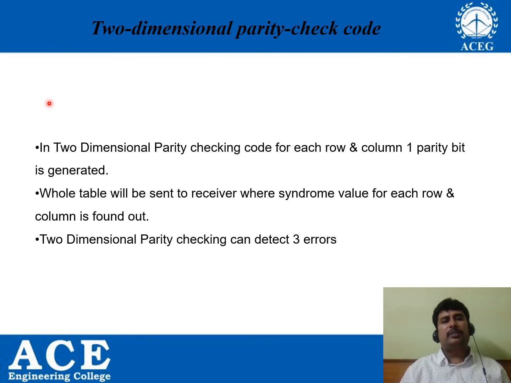The next level of simple parity check is called two-dimensional, where you calculate the parity bits not only horizontally but also vertically. With this, we can detect up to 3 errors, and the syndrome value which we were calculating only in one dimension, we will be able to calculate this time in 2 dimensions. We will discuss the remaining topics in the next class.